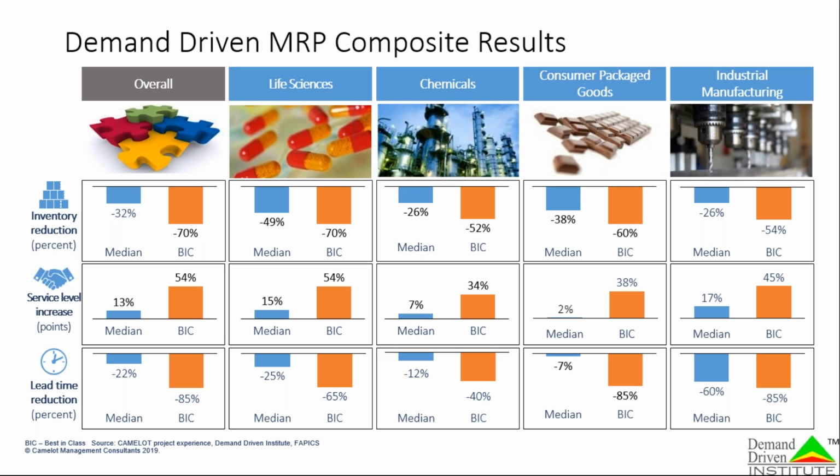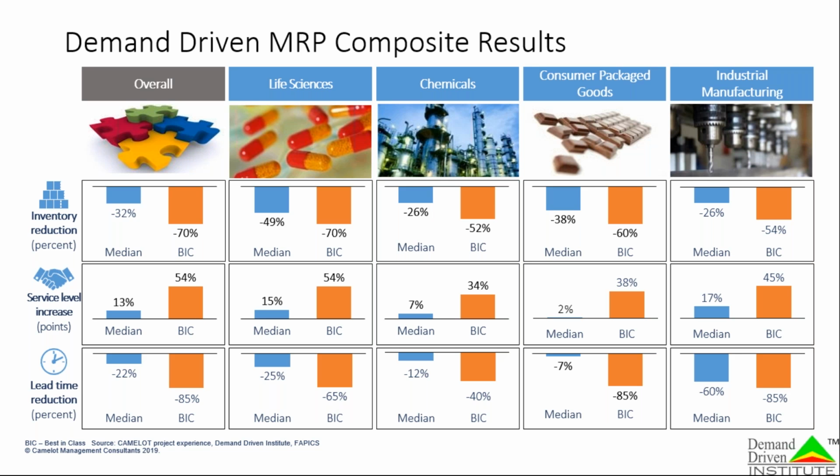I want to make it very clear, DDMRP is not an inventory initiative. It is a flow initiative that typically means your inventory will be reduced. But more than anything, it's about right-sizing your inventory at the right place to create flow. When you create flow, you have the right stuff and you don't have the wrong stuff. So typically inventory does go down, but service level also goes up.